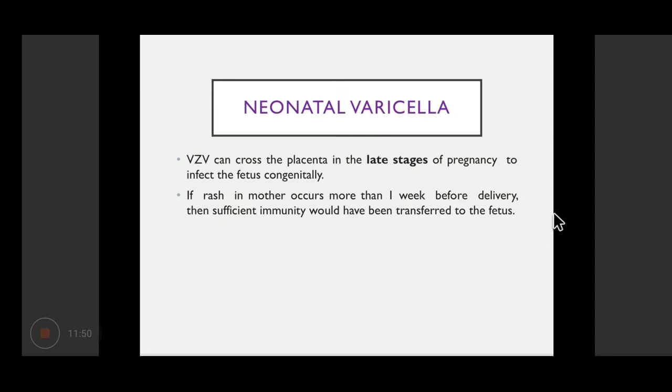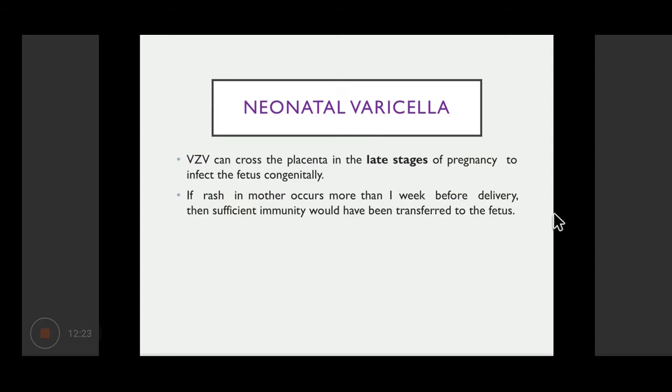If the rash appears in the mother more than 1 week before the delivery, then sufficient immunity would have been transferred to the fetus, and it is not likely that the child would suffer. So, if the mother develops rashes within 1 week of delivery, that means up to 7 days prior to the date of delivery, and develops chickenpox, that is primary varicella, then it is likely the fetus or the newborn may suffer from neonatal varicella.